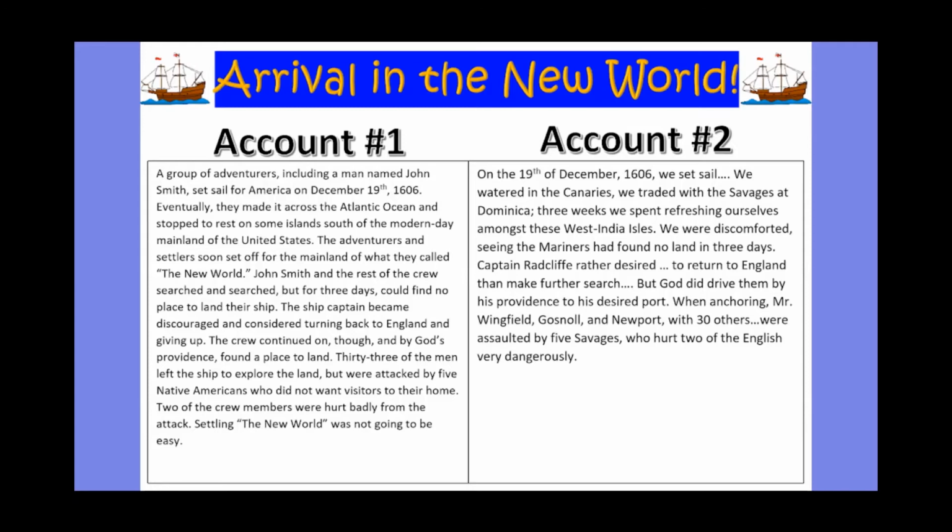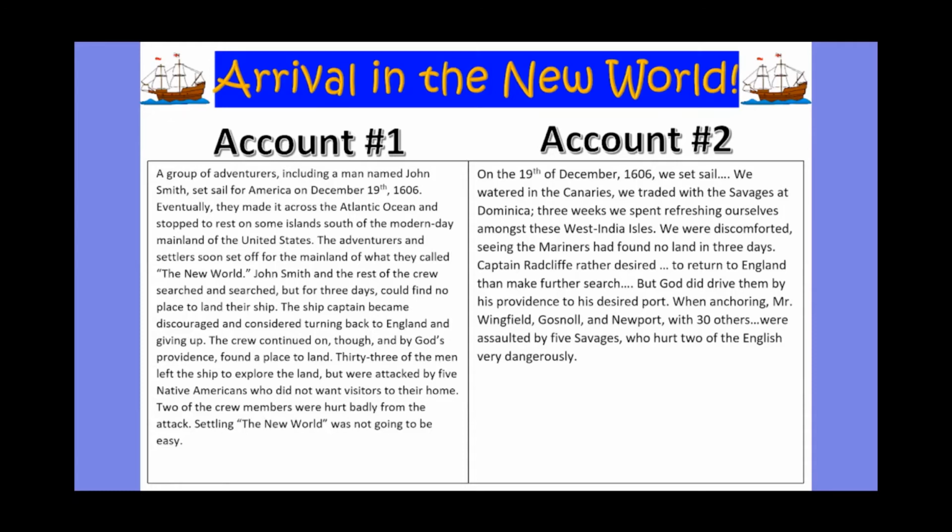The adventurers and settlers soon set off from the mainland of what they called the New World. John Smith and the rest of the crew searched and searched, but for 3 days could find no place to land their ship. The ship captain became discouraged and considered turning back to England and giving up. The crew continued on, though, and by God's providence found a place to land.